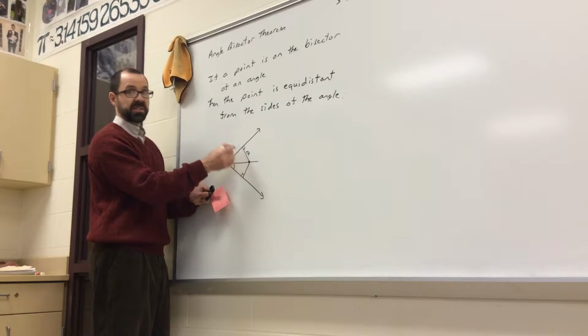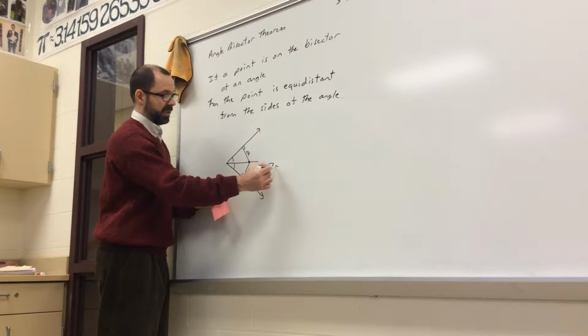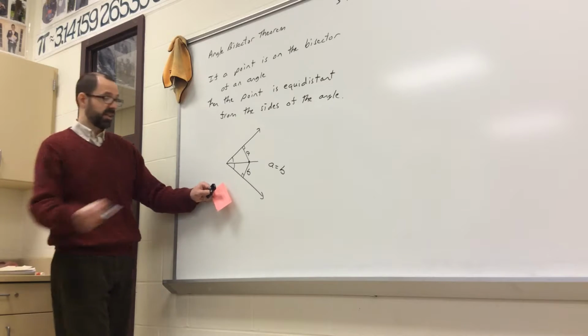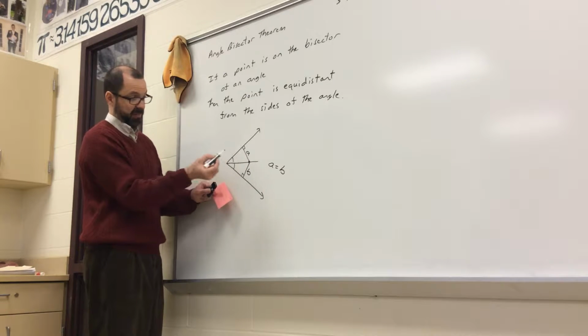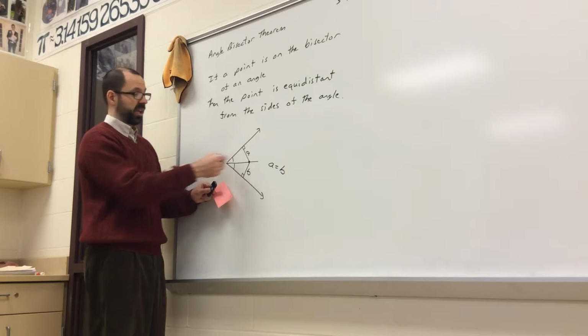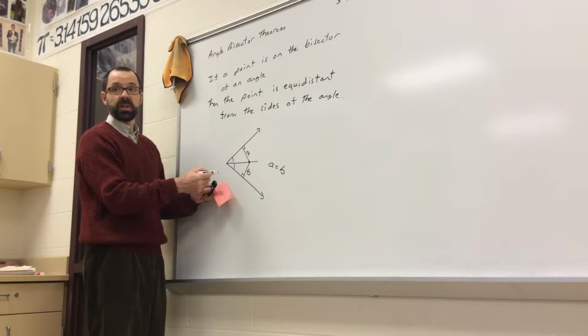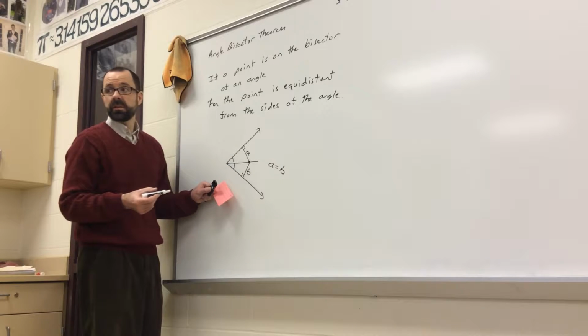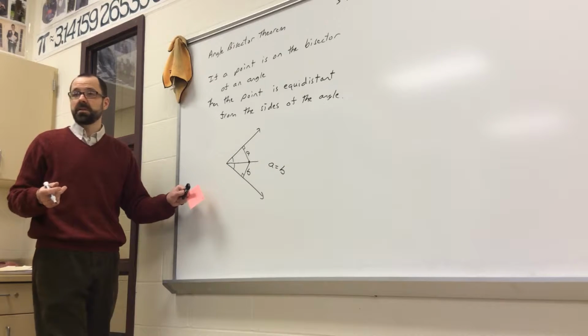So if A represents that distance and B represents that distance, then A equals B. So when you have any point, so could have picked that one instead, but we picked that one. When you have any point that's on the bisector of an angle, it's going to be the same distance to that side as it is to that side. That's what this theorem says.